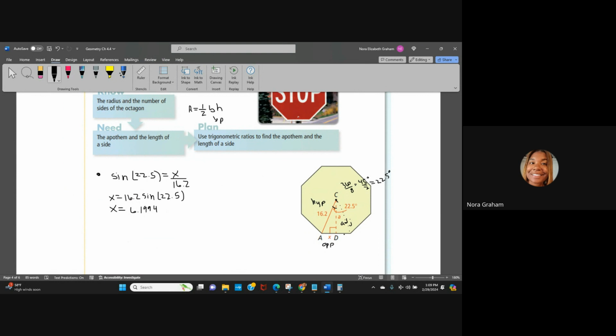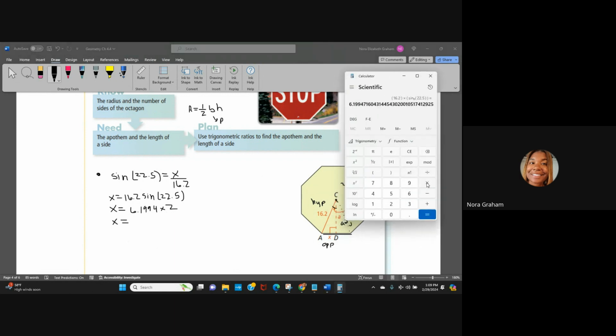That's all. I need to find this whole side, right? And then multiply it by the number of sides of my polygon. So I can do that by multiplying this by 2, because if I multiply this x by 2, it will give me that whole side. So let's multiply that by 2. Then I'm going to get 12.3989.